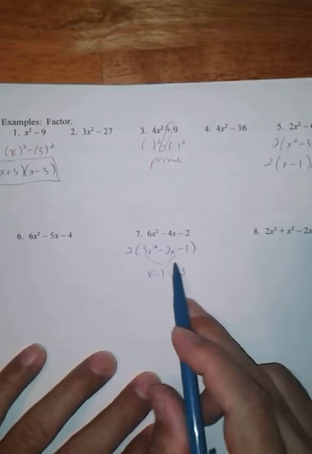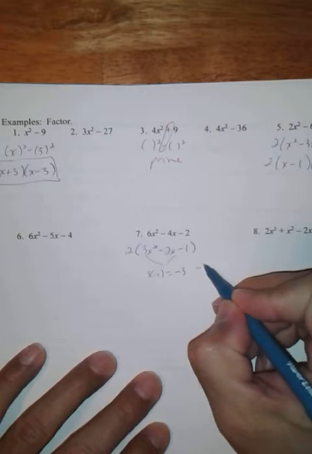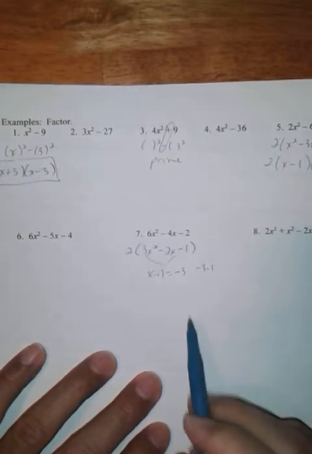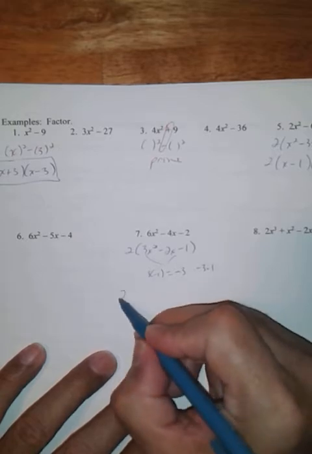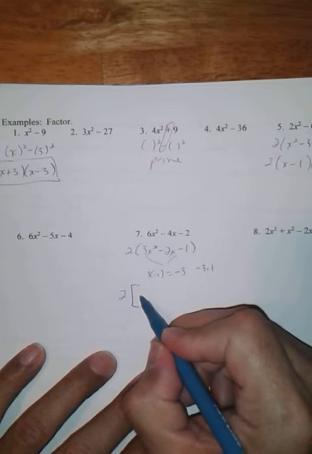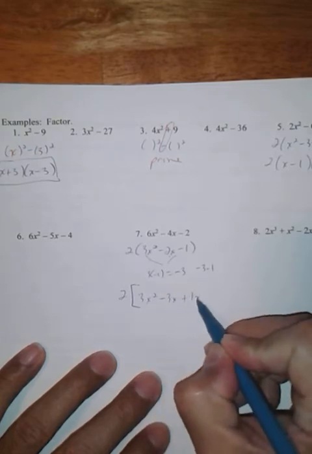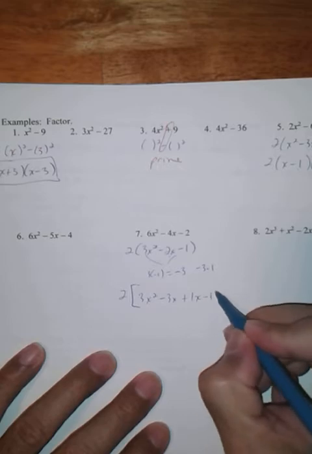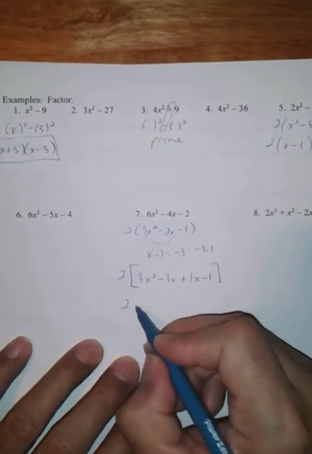The factors of -3 that add up to -2 are -3 times 1, right? They add up to negative 2. So that means I'm going to break up the middle term, that negative 2x, into those two numbers. That's 3x squared minus 3x plus 1x. You don't have to write the 1 either. You just have to know that it's there. Okay? And then factor by grouping.